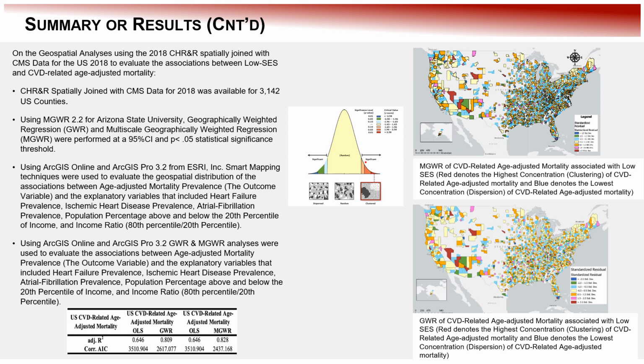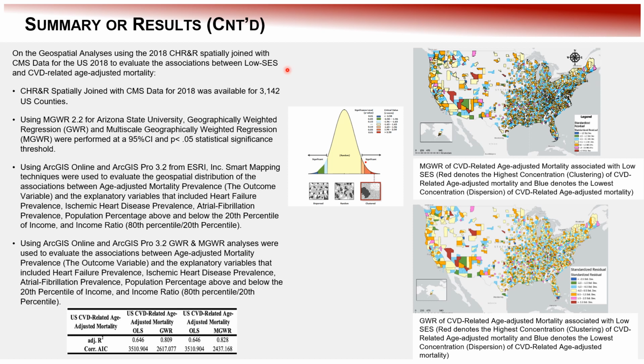The second approach included a geospatial analysis using data from the County Health Rankings and the Centers for Medicare and Medicaid for 2018, with information for 3,142 counties.